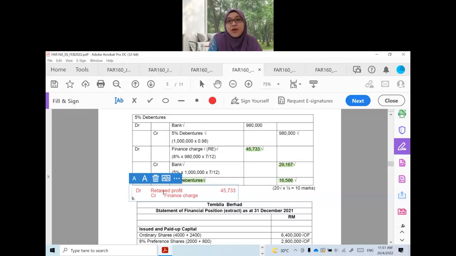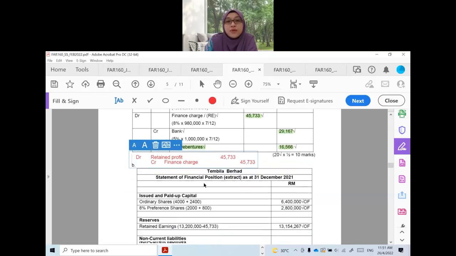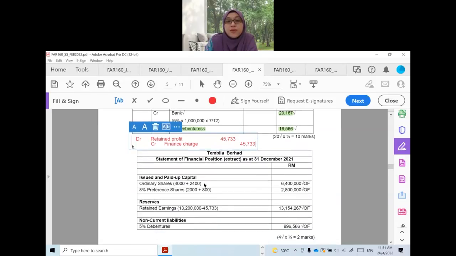The same amount, 45,000. Even though marks are not given for this step, because I told you it's just a formality to close the finance charge, please show it in your answer later on.